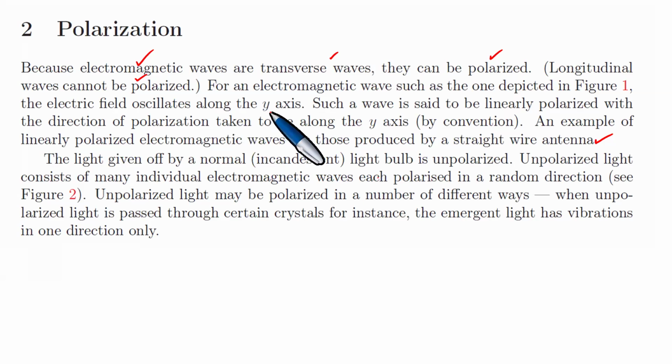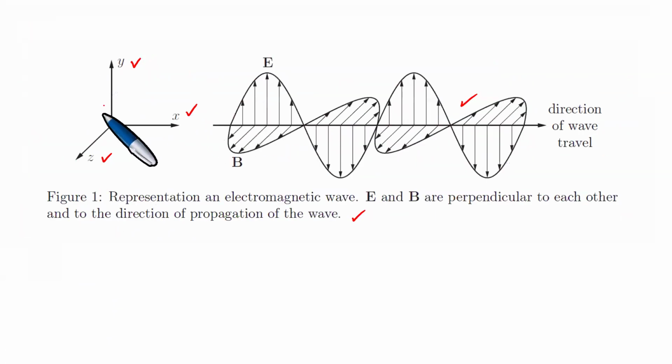The electric field oscillates along the y-axis, because this is the y-axis. This is the x-axis and that becomes z.